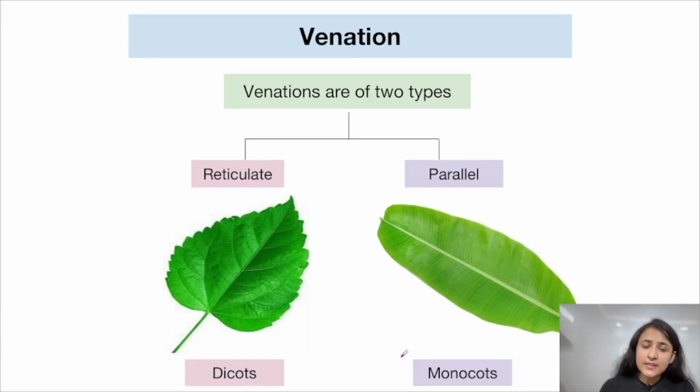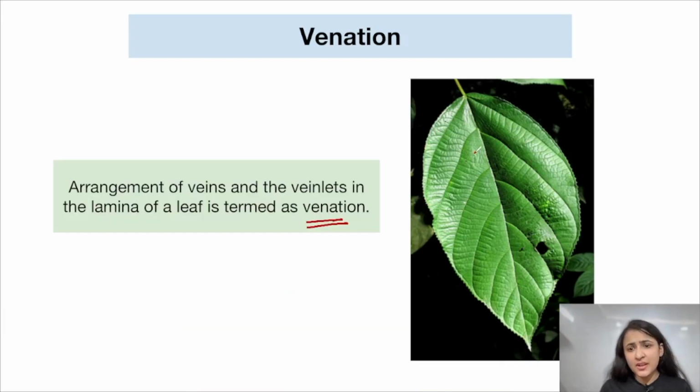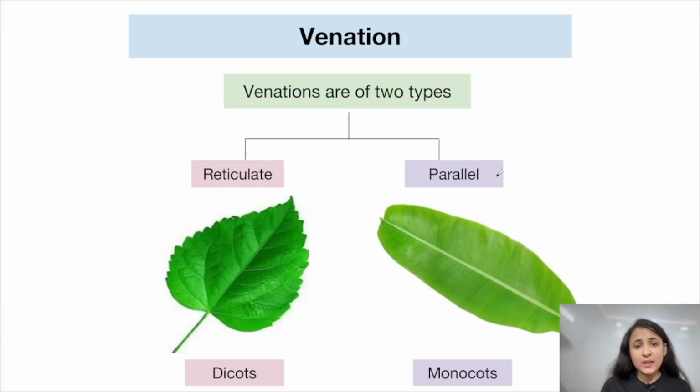Now, what happens in reticulate venation? In reticulate venation, a midrib is present, certain veins arise from the midrib, and then a network of veinlets is present. They form a network or mesh-like structure as you can see here. There is no particular order of arrangement of these veins and veinlets.